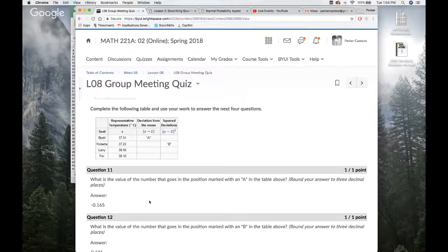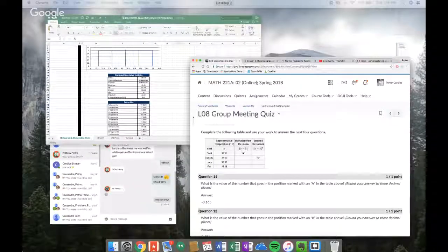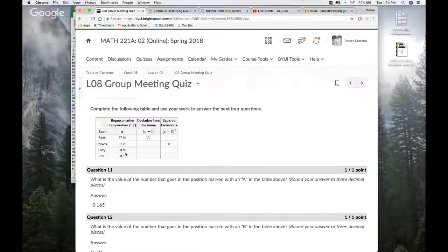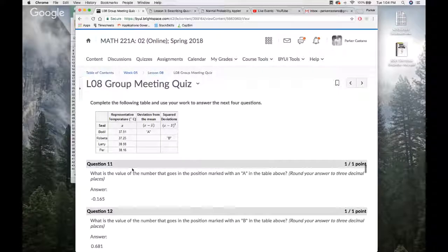Is that the right one? My luck, I'll have the wrong one. It would be 0.165. It should be negative 0.165. So you take this value and subtract the mean from it. Oh, I did it backwards. Hold on. Okay, so it's negative 0.165. Yep.